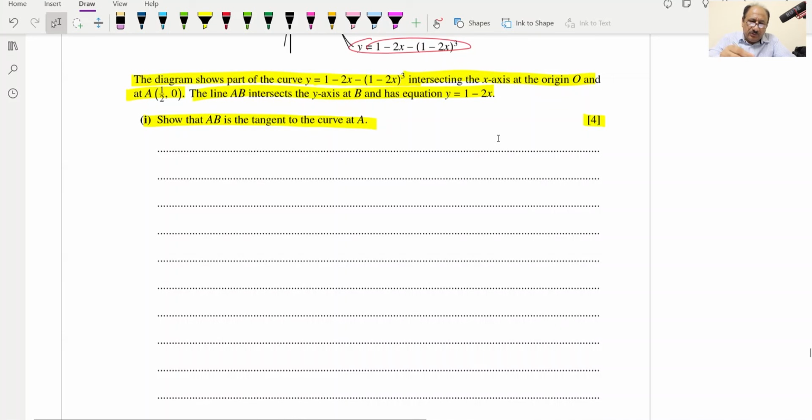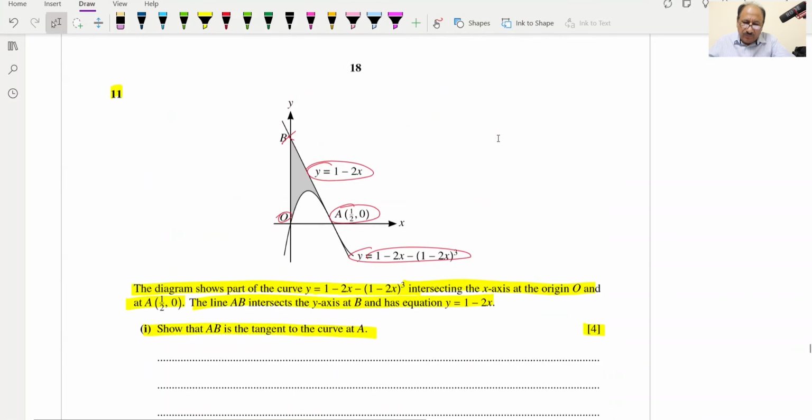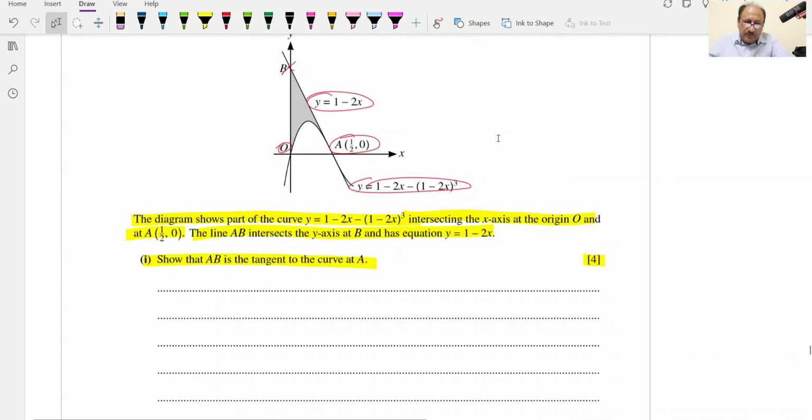Now we can take the gradient of AB. Gradient of AB will be what? So m of AB will be equal to y2 minus y1 over x2 minus x1.